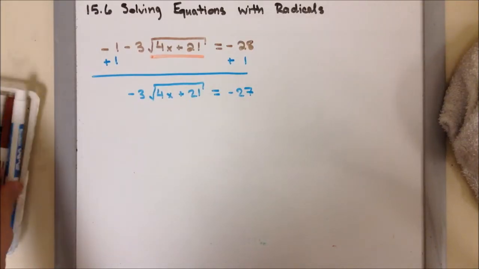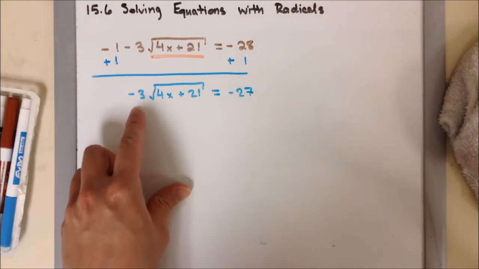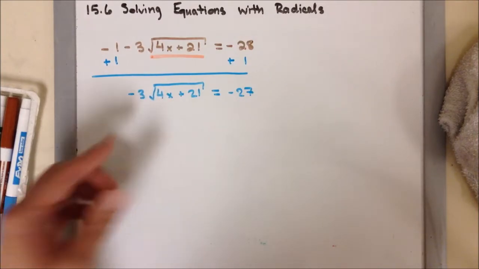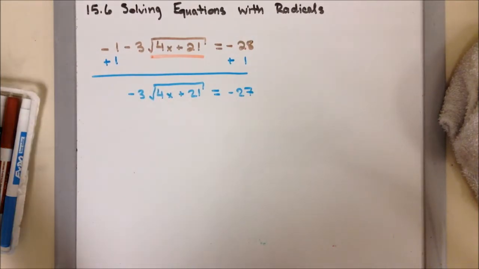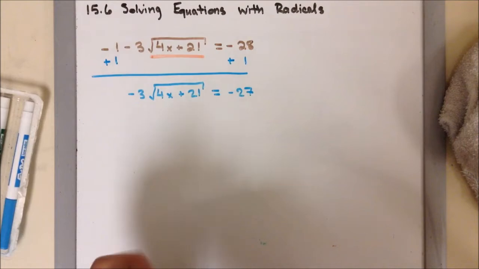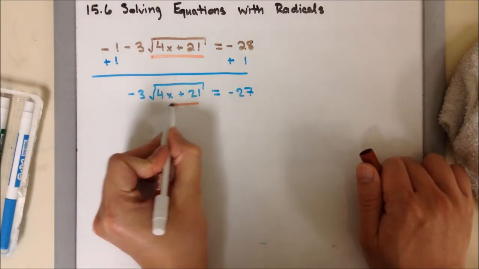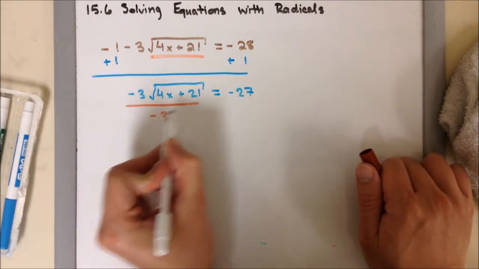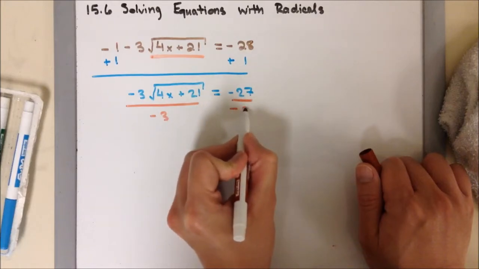Now I need to get rid of the -3 that's in front of the square root. Since it's multiplying, I do the opposite operation, which is divide. I'm going to divide the left side by -3, therefore dividing the right side by -3.